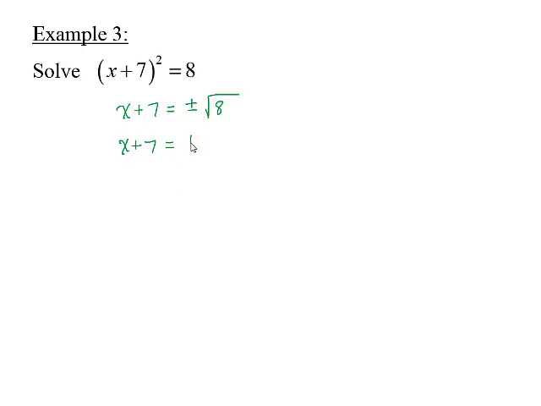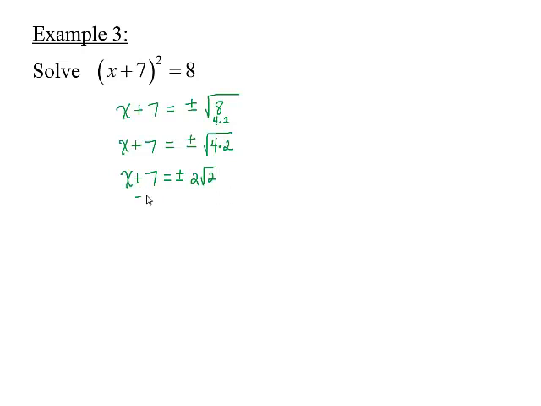The square root of 8 simplifies by finding a perfect square of 4 times 2. Therefore, x plus 7 equals plus or minus 2 times the square root of 2.